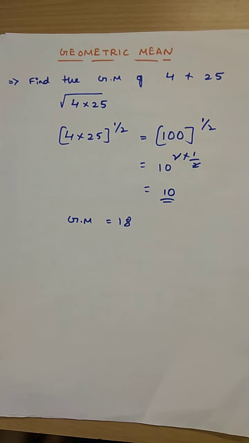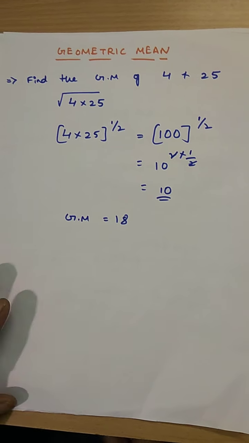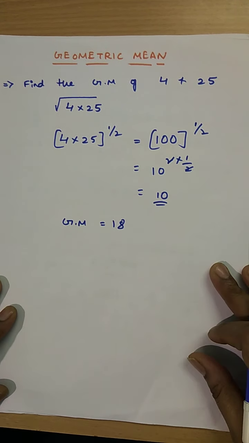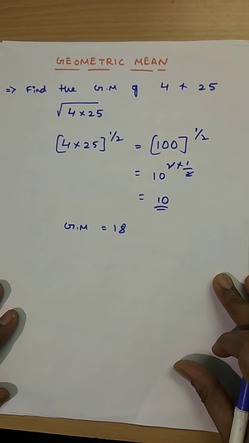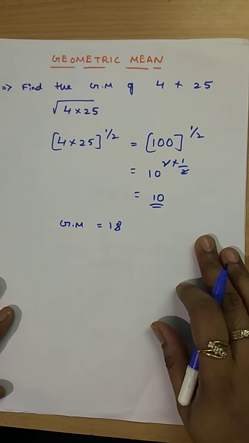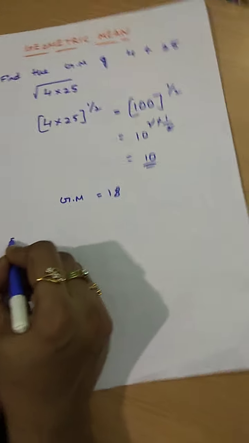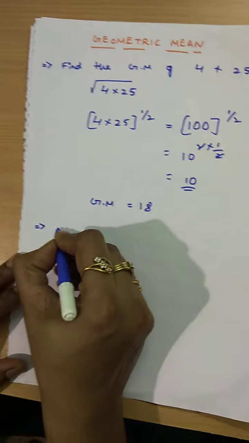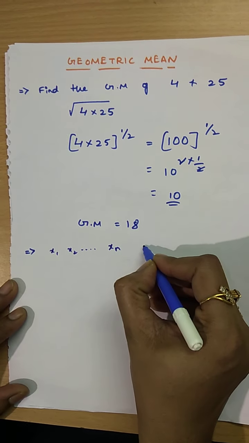Coming to geometric mean, it is nothing but finding the average value of the observations. Here the formula for geometric mean is: suppose x1, x2 and so on up to xn are n observations.